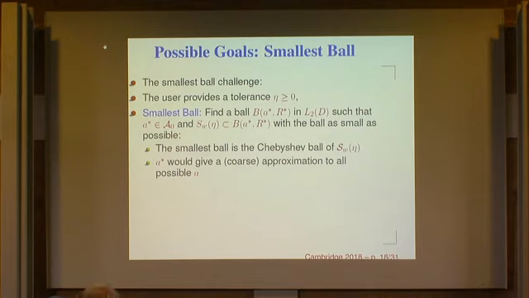If I take the center of the ball, it provides an approximation to all the parameters that satisfy the data. No other approximation can do better. This is the best you could do if you're interested in saying that A star minus something you computed is small. This I call the small ball.